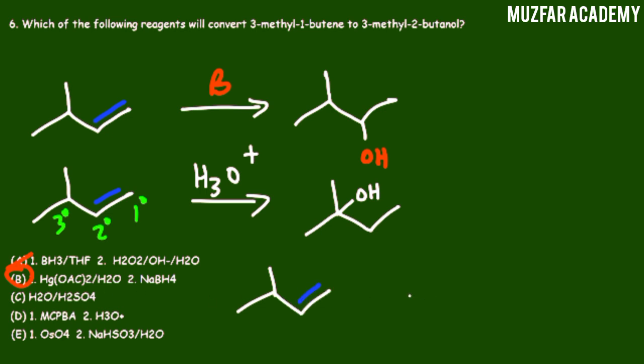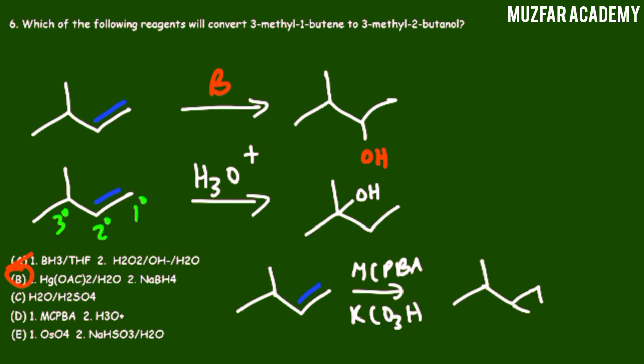Now, for answer choice D, once we use MCPBA, you need to know that this is a peroxy acid. The end result for this reaction is you're going to get an epoxide. Now, in the next step, when you add H3O+, the ring is going to open and you're going to get a diol.